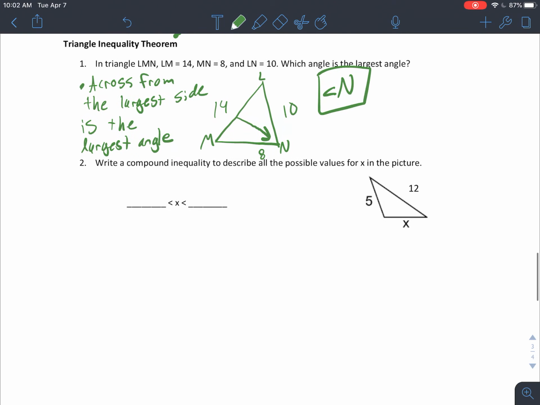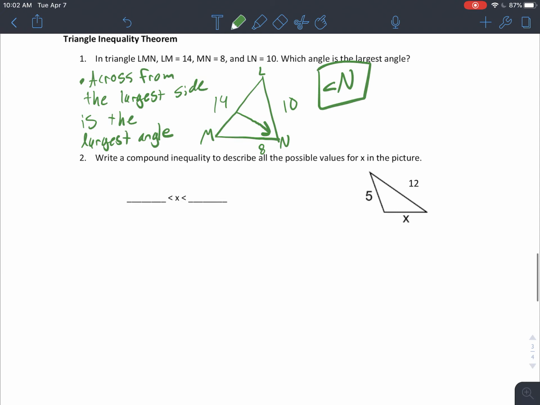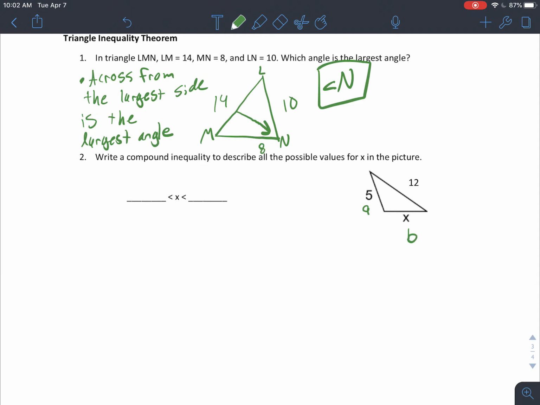It says, write a compound inequality to describe all possible values for X in this picture. Okay. So this question is a little bit harder. We need to consider this as if it possibly could be a right triangle, right? So we could have A here, B here, and C here.